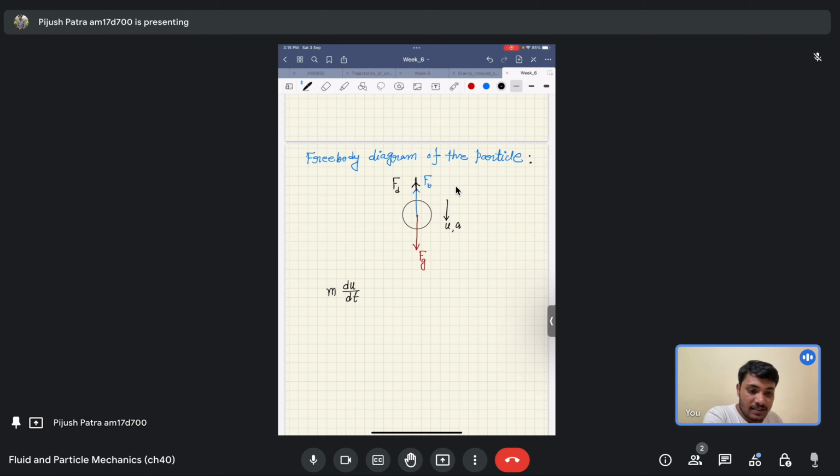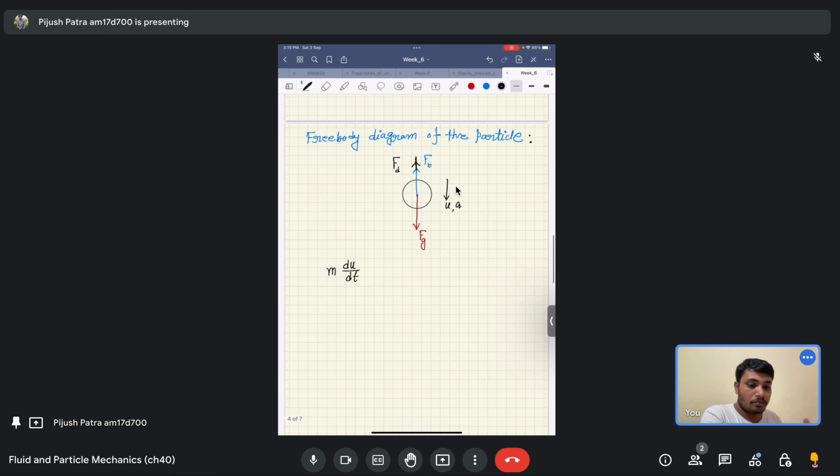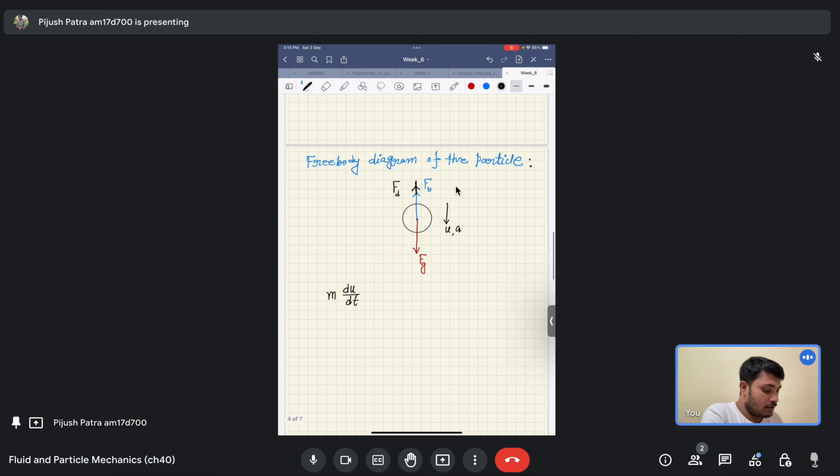So du by dt is the acceleration, and m du by dt is the net force acting on the particle. What is that net force? It is Fg, the force due to gravity, minus the buoyancy force, minus the drag force.